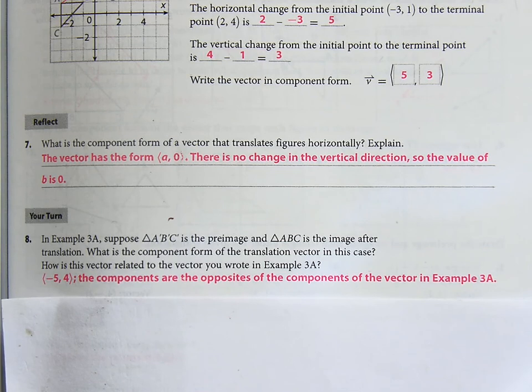If last time I moved to the left 4, then to move back, I'd have to move to the right 4. So that's an essential component to keep in mind in terms of being able to move an image forward and backwards along that vector: the signs would change, because instead of going up, you're now going down, or instead of going right, you're now going left. But the quantity hasn't changed. You're still going by the same value.